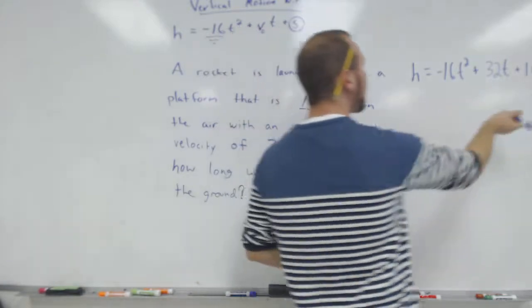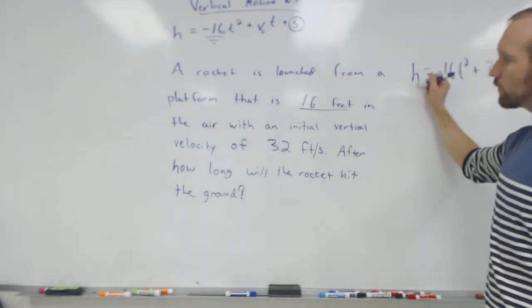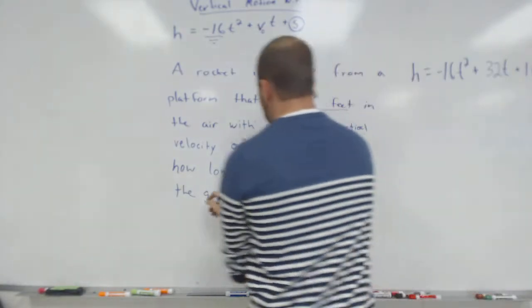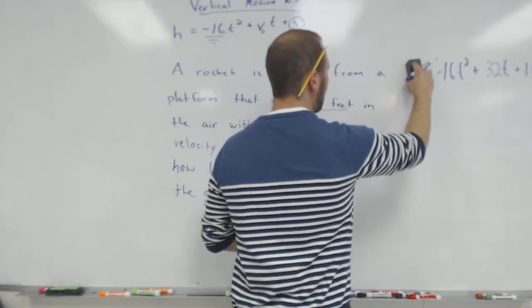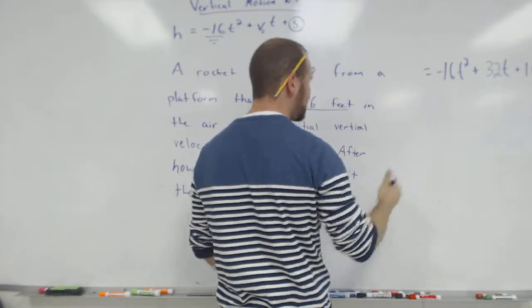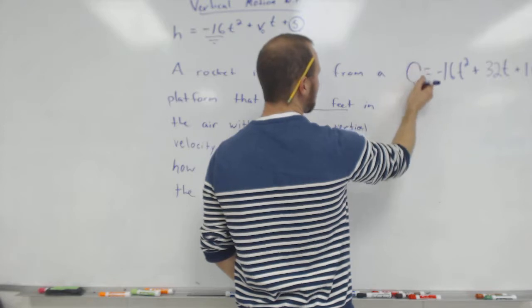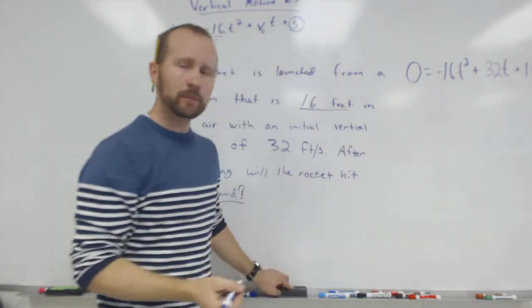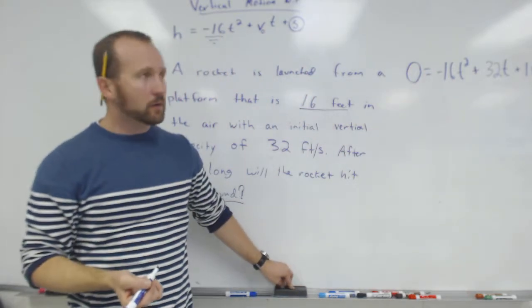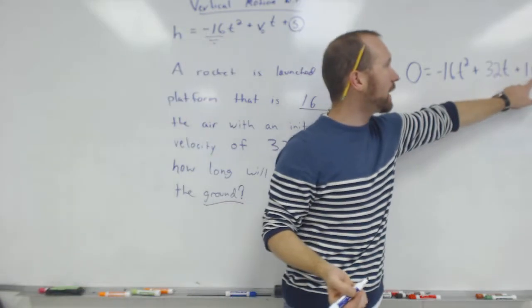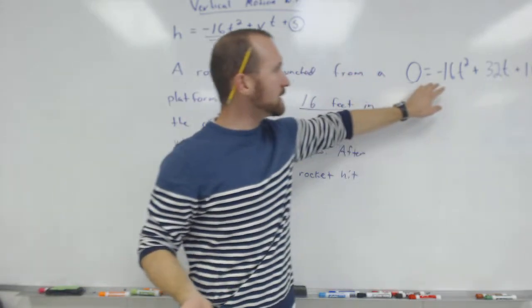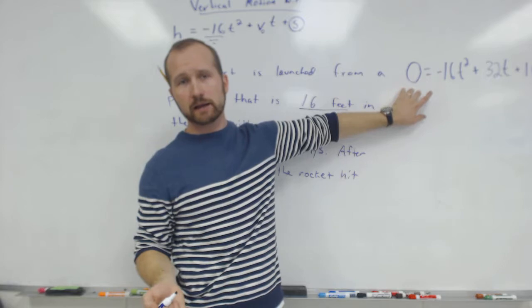Well, that's the starting height, but the height that we're looking for is 0, right? When does it hit the ground? Then we immediately know, oh, it's asking me when will the height be 0. Right? This is the starting height. This is the height after a certain number of seconds.